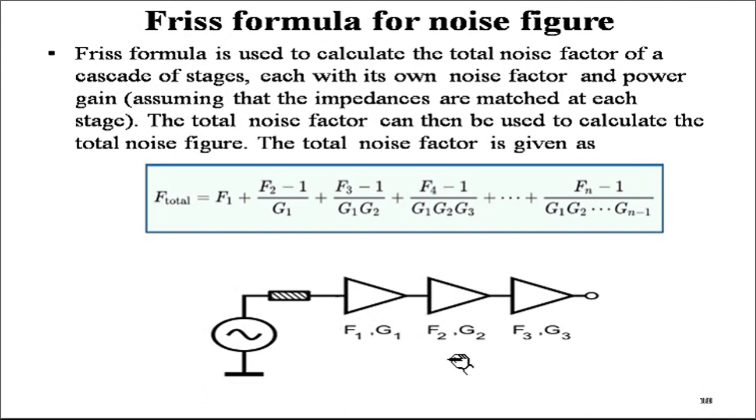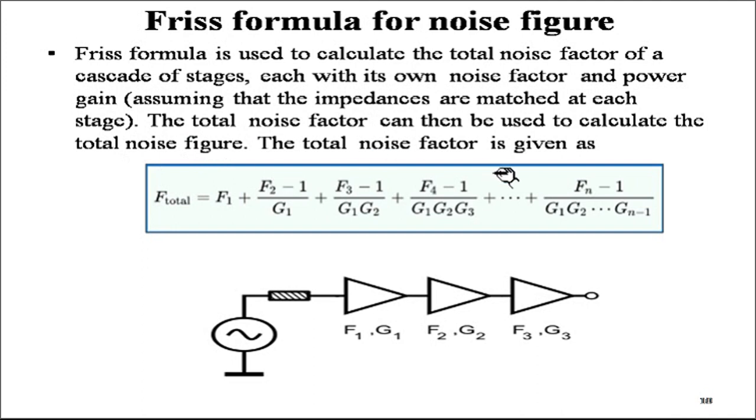Here the diagram for this cascaded network is shown. The Friis formula is used to calculate the total noise factor of cascaded stages, each with its own noise factor and power gain. We have to assume that the impedances are matched at each stage. The total noise factor can then be used to calculate the total noise figure.